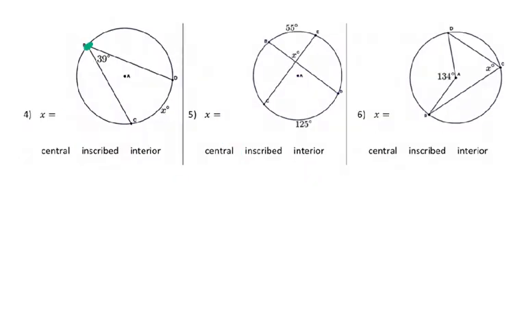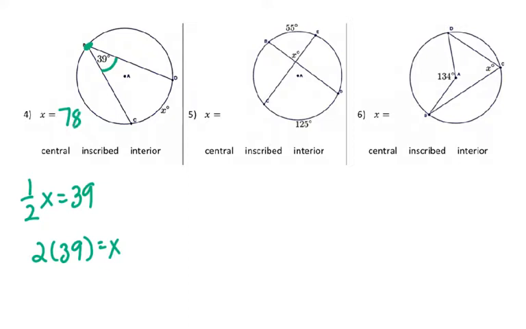And so what happens there is this is 39 degrees, so x is not going to be 39 degrees. You're going to take half of x and it will be 39 degrees. Alternatively, you could say 2 times 39 degrees is equal to x, and so that's going to be 78. So this arc right here from C to D, that's 78.